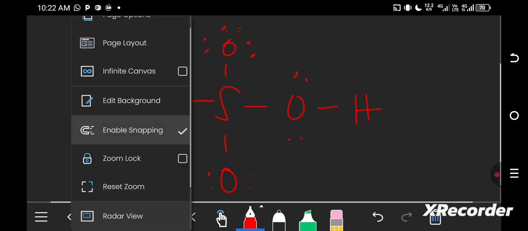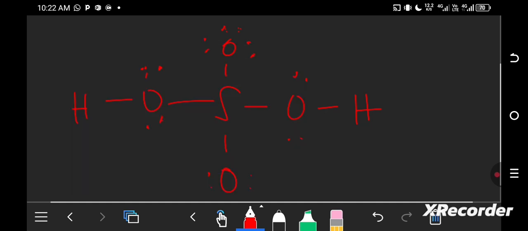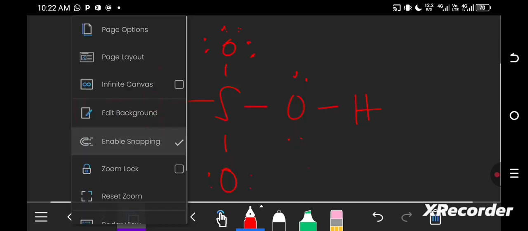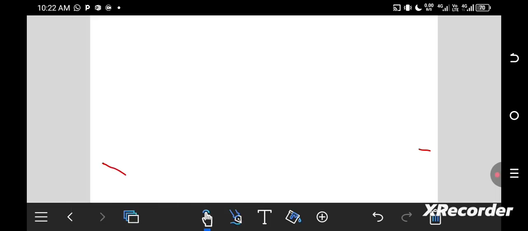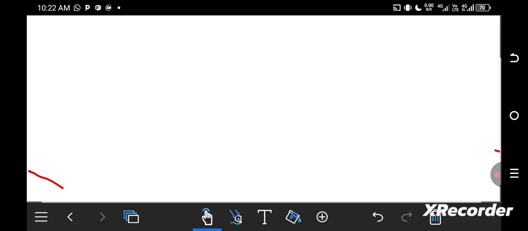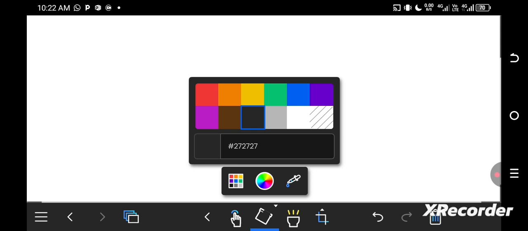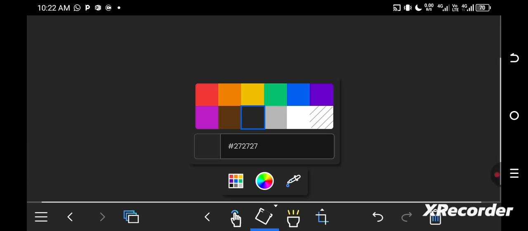So let me go to the next slide. Basically what I'm going to do here is first write the formula.